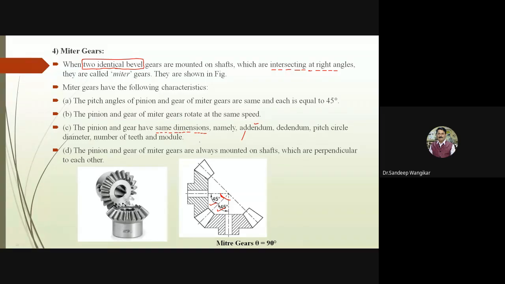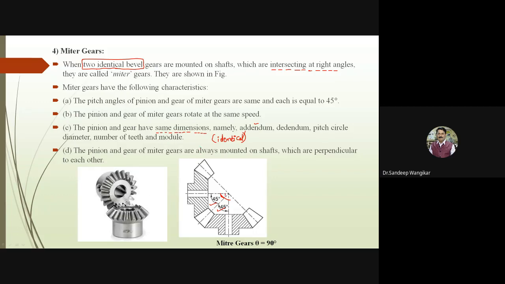That's why in one word we have mentioned above two identical bevel gears. This is the meaning of identical. The pinion of a miter gear is always mounted on shafts which are perpendicular to each other. So this angle is 90 degrees.